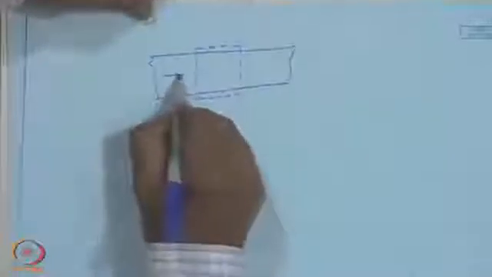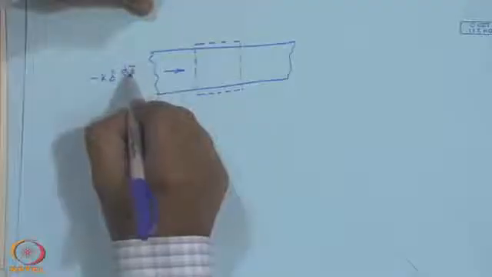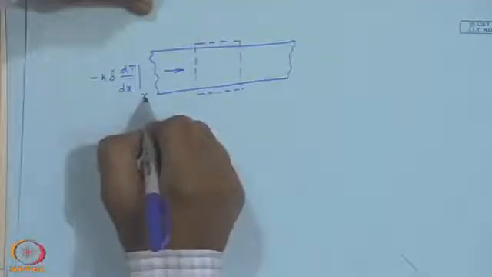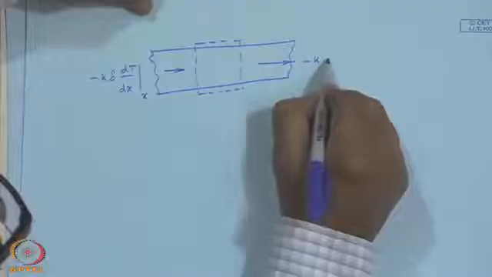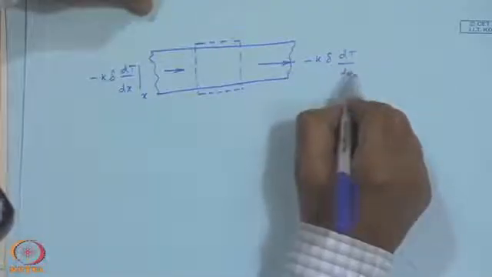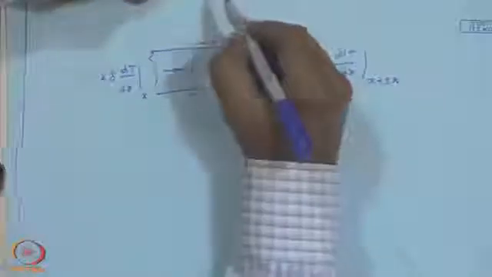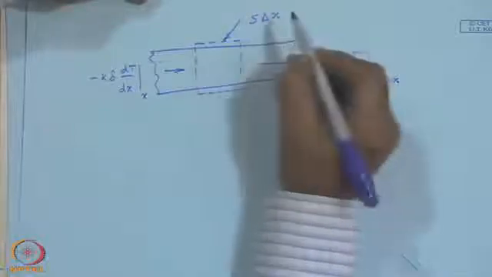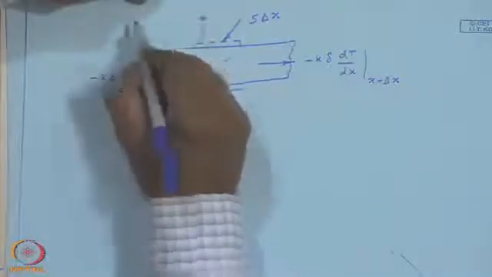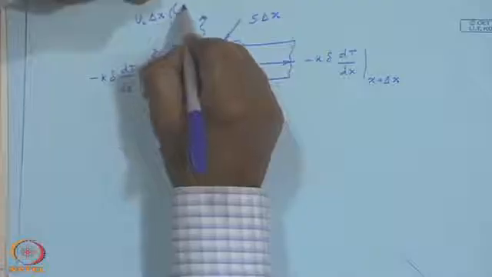Here enters minus k delta dT/dx at x, and what goes out is minus k delta dT/dx at x plus delta x, and what comes on to this is S times delta x, and what goes out is U L times delta x into T minus T a.